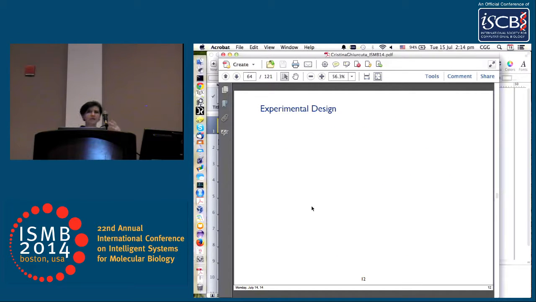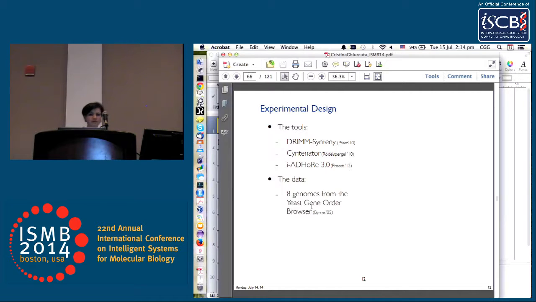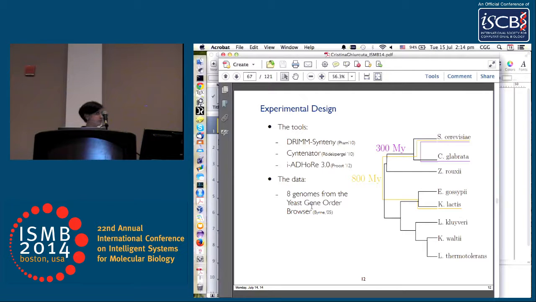So, given the formal framework that we have defined, we choose to evaluate three state-of-the-art tools that are capable of comparison of multiple genomes. And we evaluate them on a data set of 8 genomes that, as we can see, present high variability at the genomic structure level.